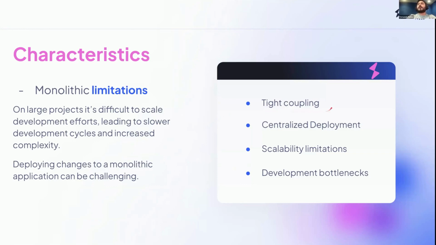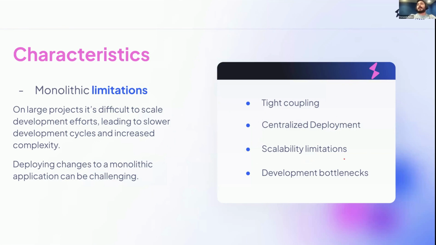So one of the cons of monoliths is that they are tightly coupled in terms of the functionalities and the code. We have a centralized deployment because it tends to be a monorepo where we have all the code, and of course the centralized deployment means we have just one single deploy that could go wrong if we don't take special care of it.